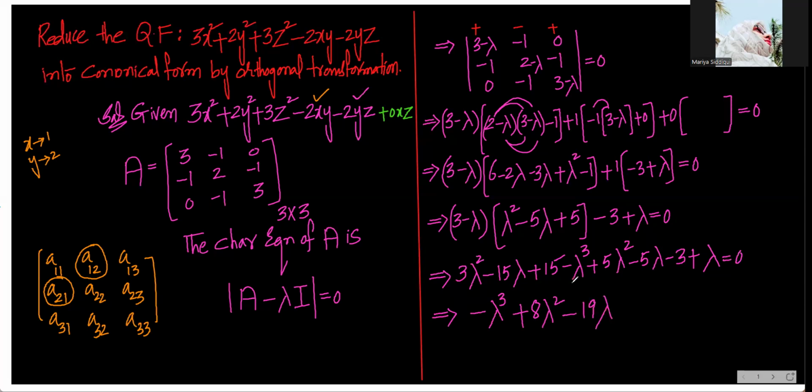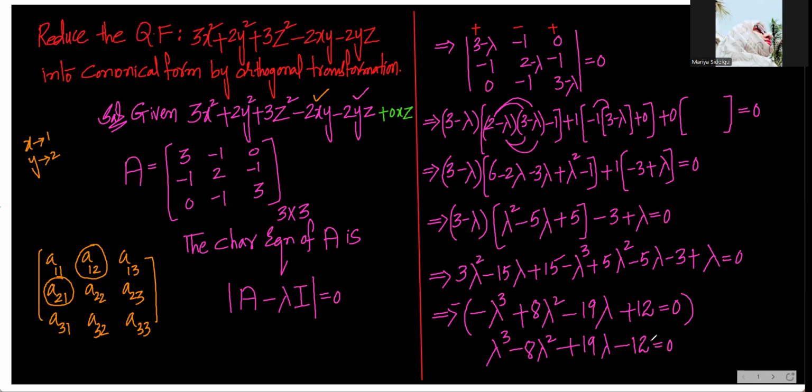Now how many constant terms are there? 15 minus 3 is plus 12, is equal to 0. Because of the minus sign, we multiply through: minus lambda cube minus 8 lambda square plus 19 lambda minus 12 is equal to 0.